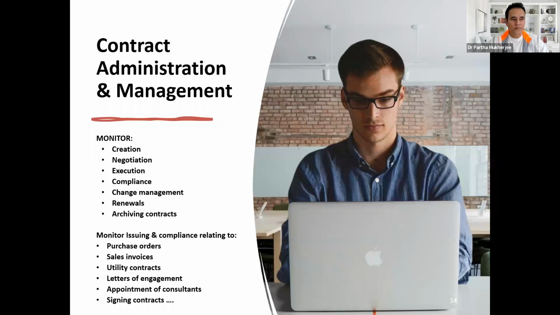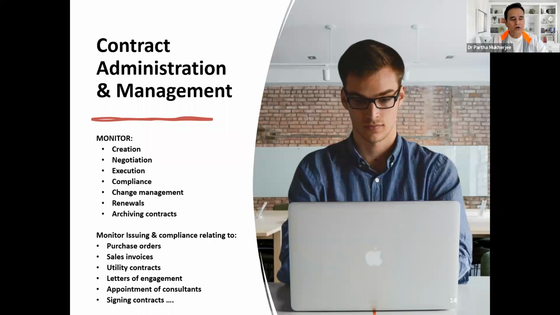You will monitor all these things: to create the contract, negotiate, execute, and all the compliances of the clauses in the contract. If there's any change request, or any renewal of the contract, for example, one contract got over but you want to renew it because you have more work, you will be doing those as a project manager. And of course, at the end, you will be archiving.